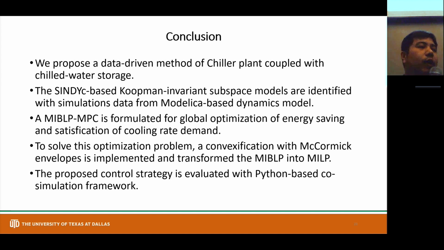To solve this problem, we use convexification with the McCormick envelopes and transform the problem into a mixed integer linear program. Finally, the proposed control strategy is evaluated with the Python-based co-simulation framework.